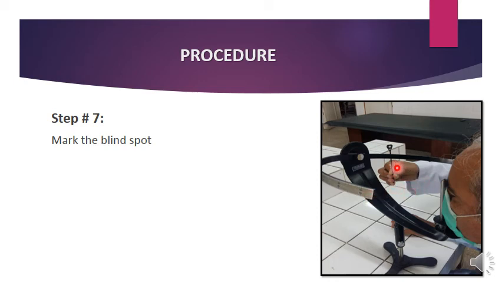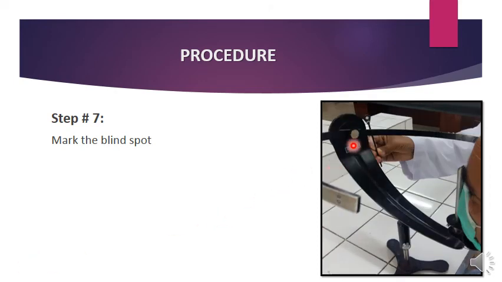We will move the test object from periphery towards the central fixation point, and we will note the point where the test object disappears. Then the examiner will further move the test object towards the central fixation point and will note the point where the test object reappears.